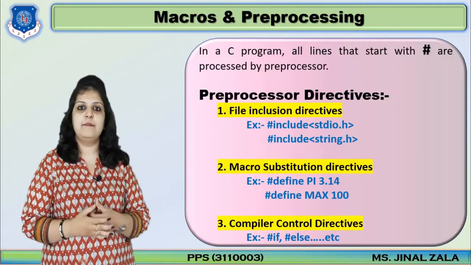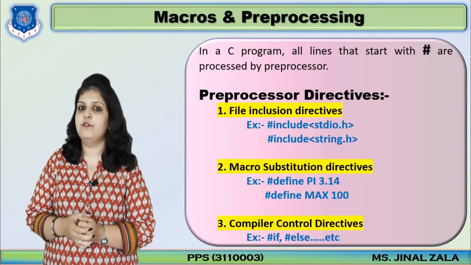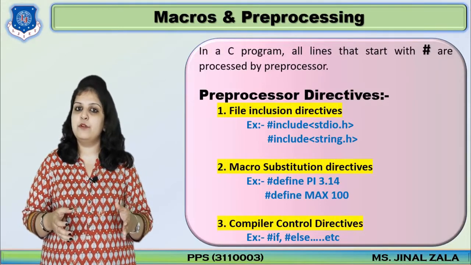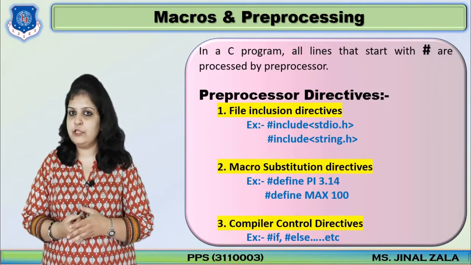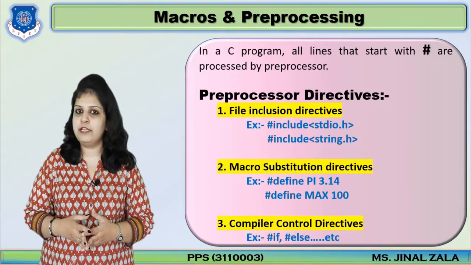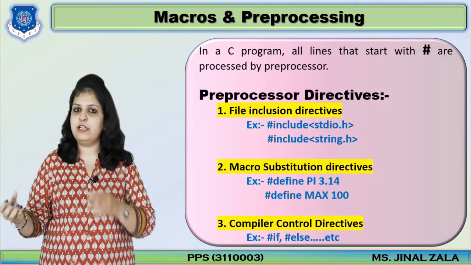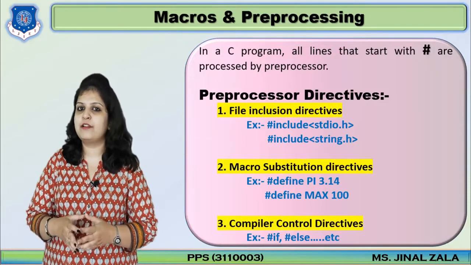Just to see the example, here PI and the value of PI is 3.14. So when we compile the program, PI will be replaced by the value that is 3.14. So when you know in advance the value of any variable that is constant throughout the program, then you can use the concept of macro.